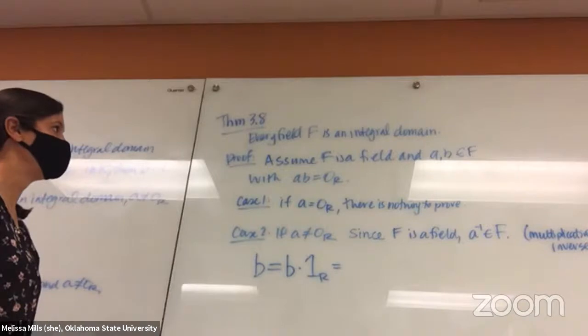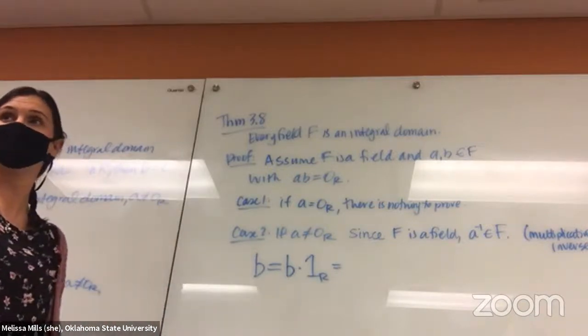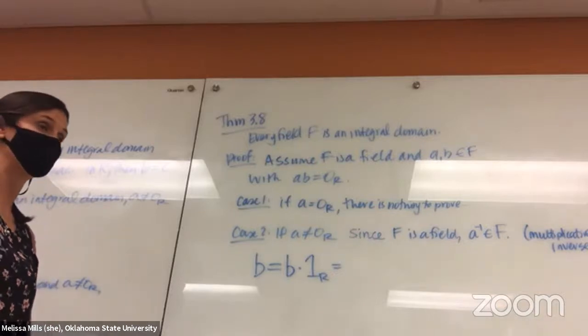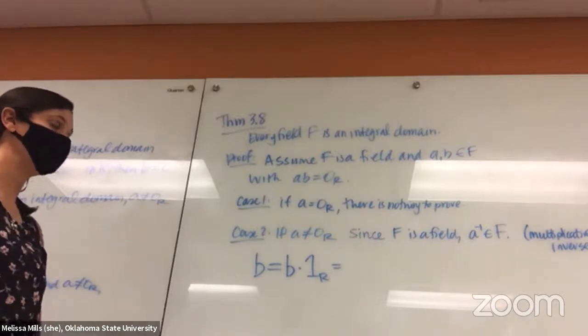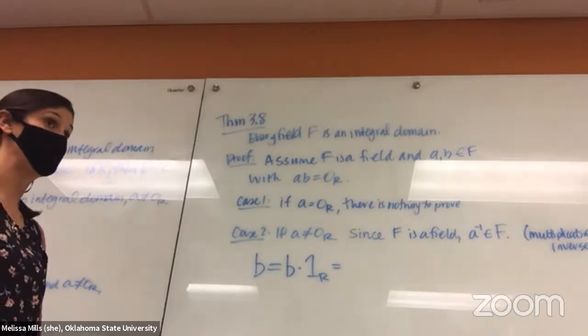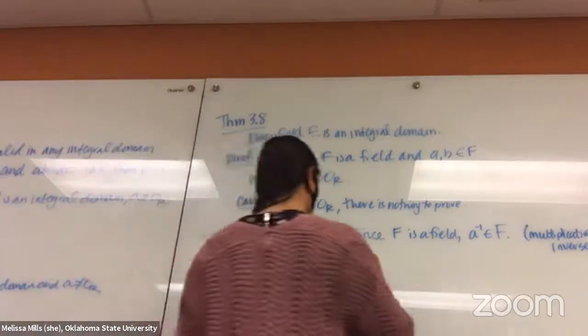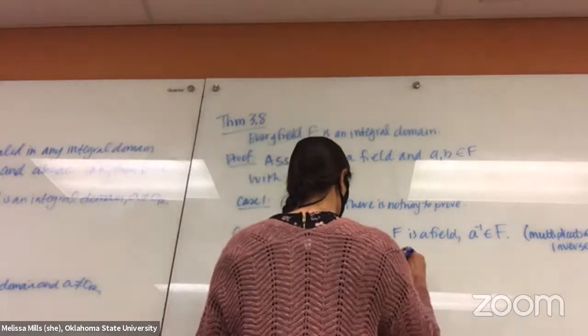How do I know that there's a 1 in there? Well, it's a field. The field has a unit. And how can I write 1? A inverse? Yep. So it's B times A inverse.